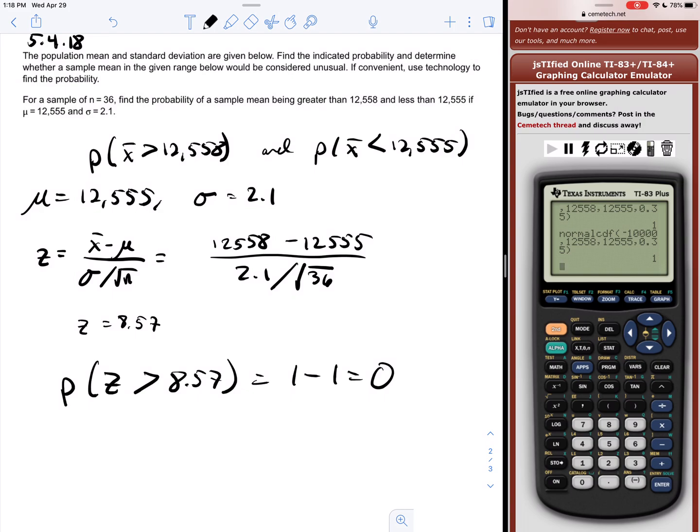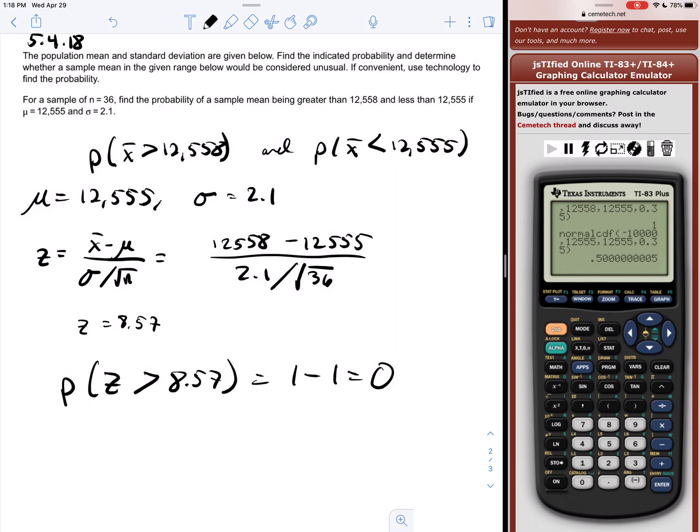Okay. So then let's do the same thing for the other one. I think we want it less than the 12,555. So I'm going to use this and see if it works. The 10,000 can stay. The 558 needs to change to 555. Oh, 50. Okay, well, there you go. Let me see something.